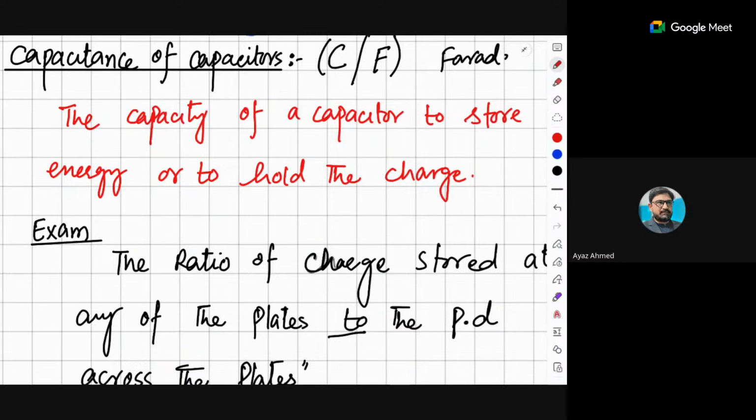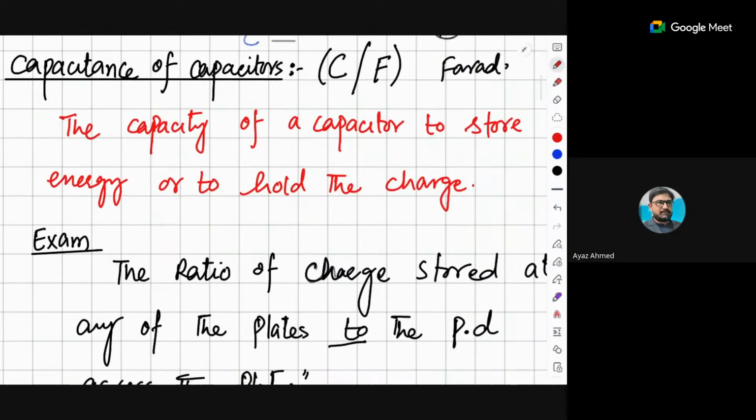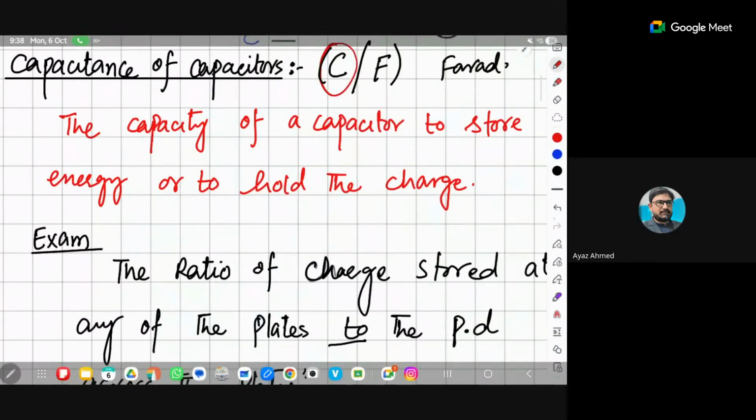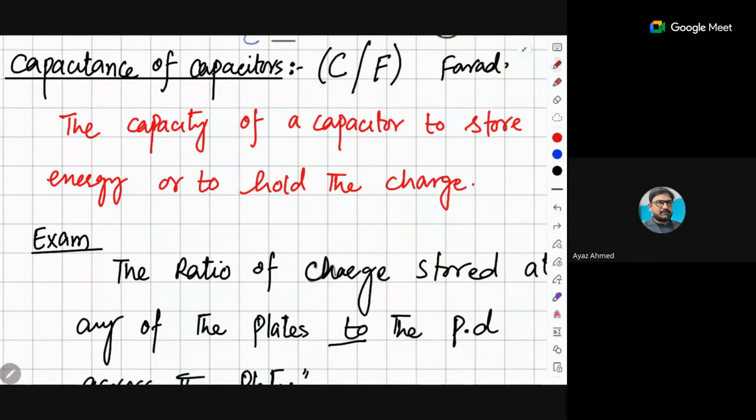First of all, I must tell you that the capacitance of a capacitor is represented by C. Its unit is farad, and it is the capacity of a capacitor to store the energy or to hold the charge on the plate. Is it clear?